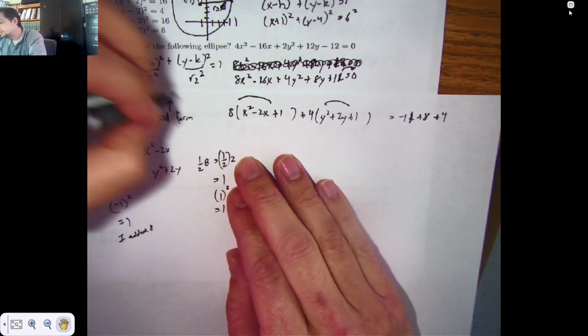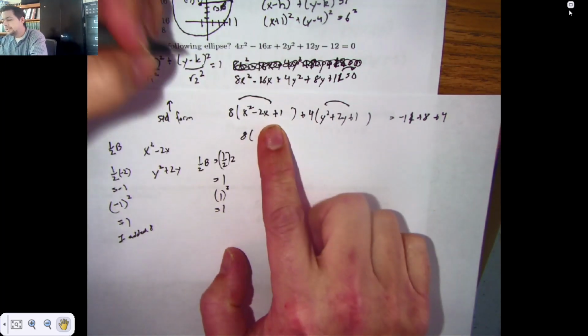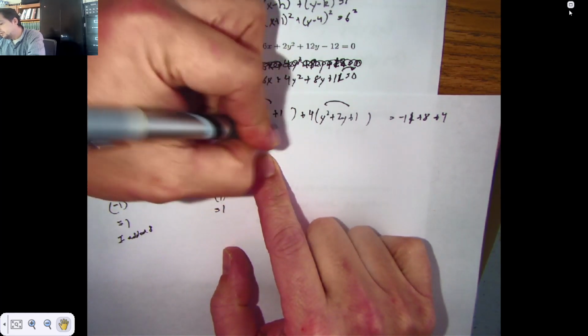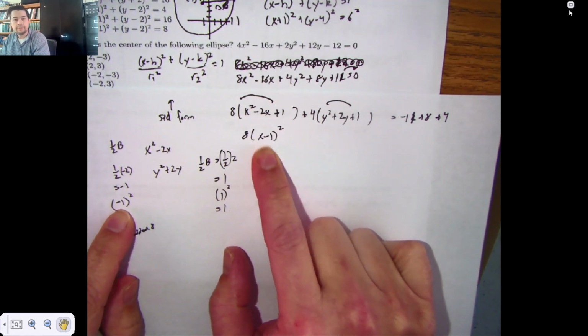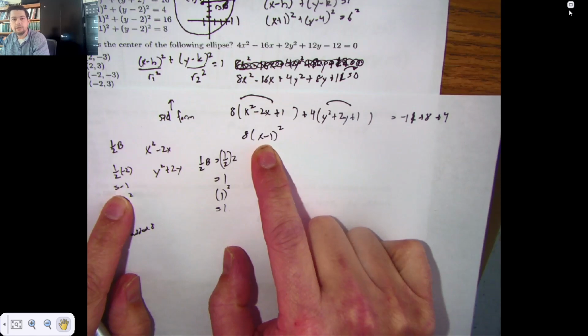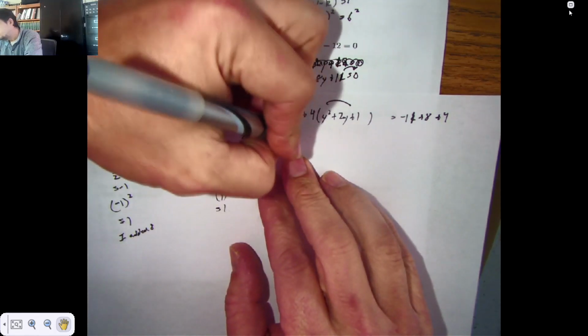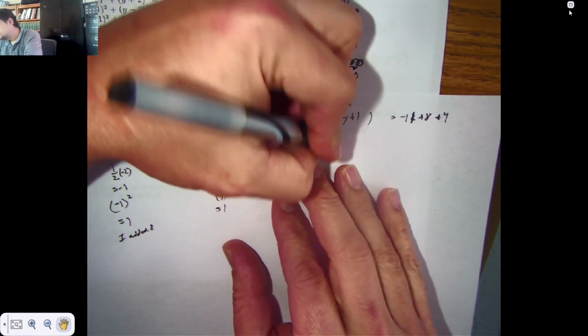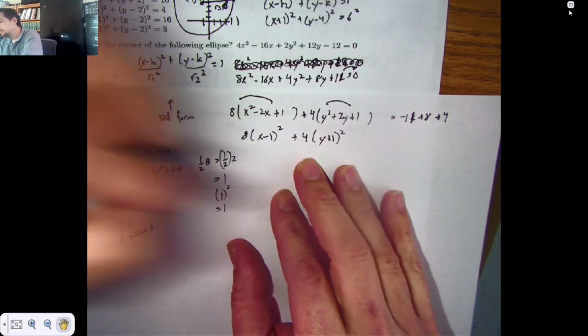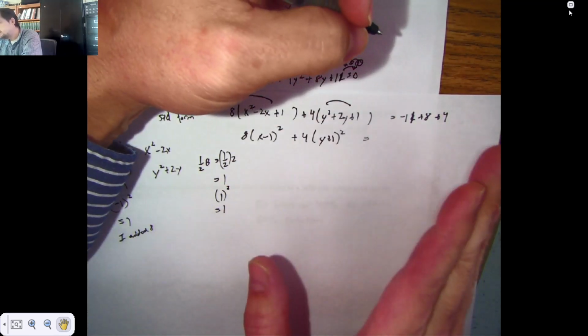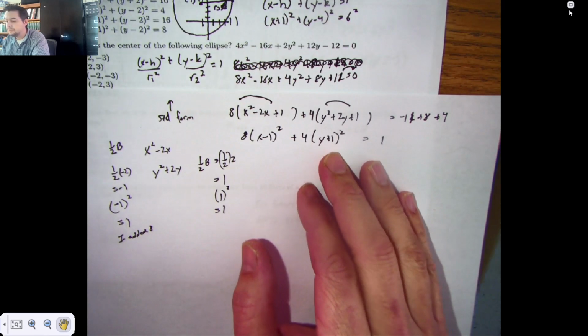All right, awesome sauce. This will factor as (x minus 1) all squared. I don't know if you remember that or not. As soon as you take half, you know how it factors. This will factor as (y plus 1) all squared. And the right-hand side will actually add up to 1 like it's supposed to.